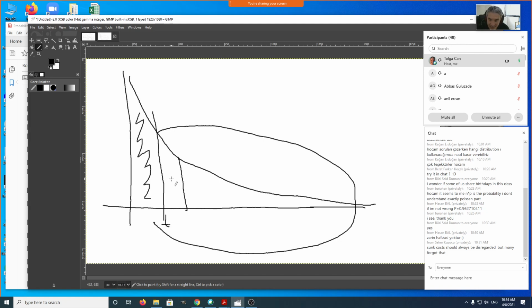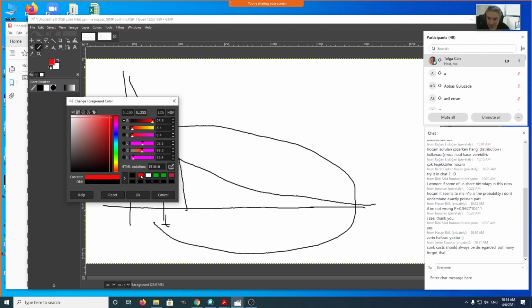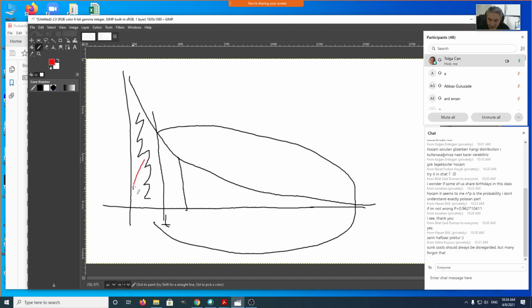So let me give names to these areas. Let me use a different color pen. For example, if this area is A, this area is B, and this area is C, the memoryless property says that if this is an amount of time t and this is also an amount t, and we are asking the question at this point, we haven't observed anything until t.